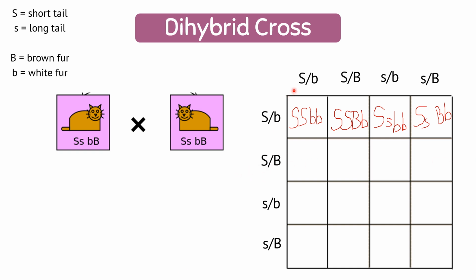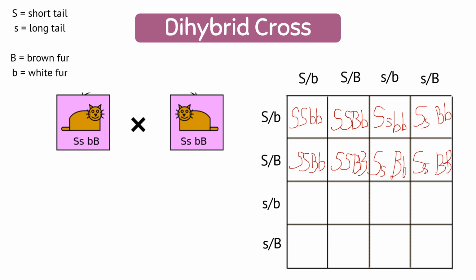So capital S, capital B, lowercase b, and I'm going to write this out. It's a little bit tedious. Capital S, lowercase s, capital B, lowercase b, and so on.